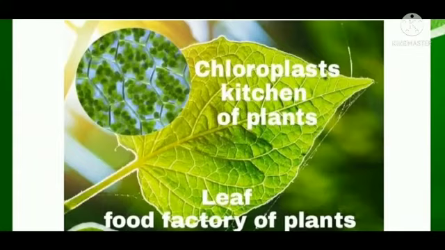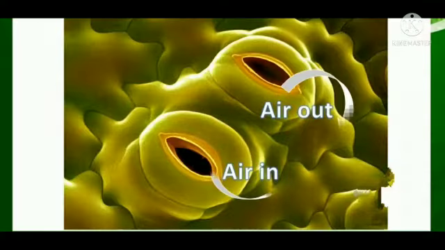Therefore, it is called the food factory of a plant. Why leaf is called a food factory of a plant? Because it makes food. It also helps a plant to let air in and out through stomata.